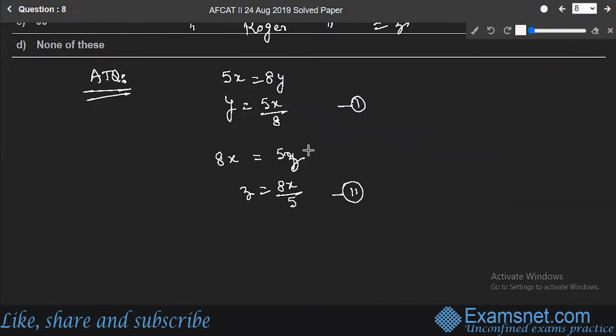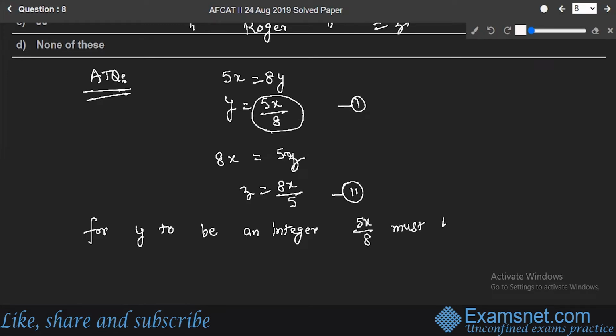So for y to be an integer, this term 5x upon 8 also has to be an integer, correct?